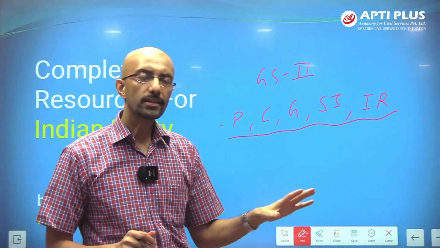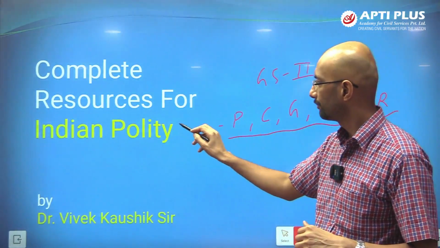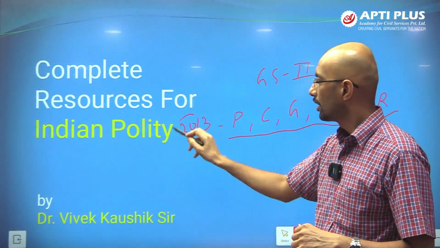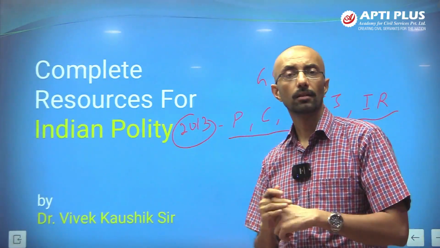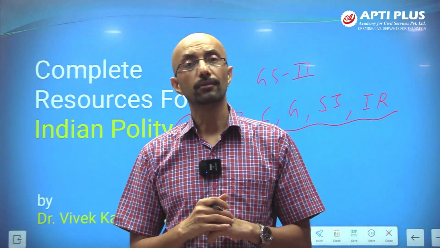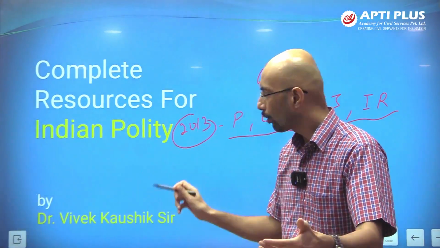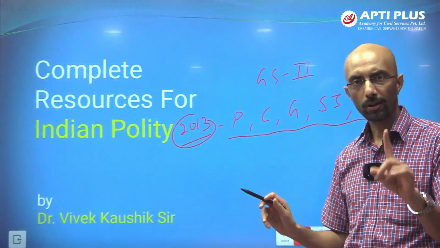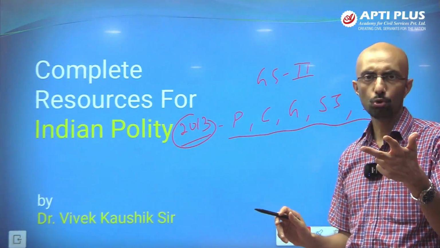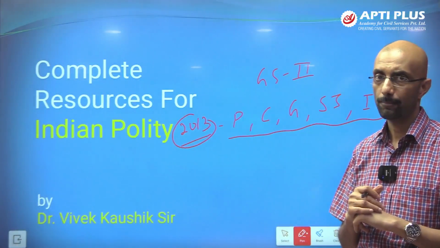Now, UPSC changed the pattern of the main examination in 2013. Before 2013, we used to have only 2 papers of GS and there were 2 optionals. But from 2013 onwards, we have only 1 optional, that is 2 papers of 1 optional, and 4 papers of GS.